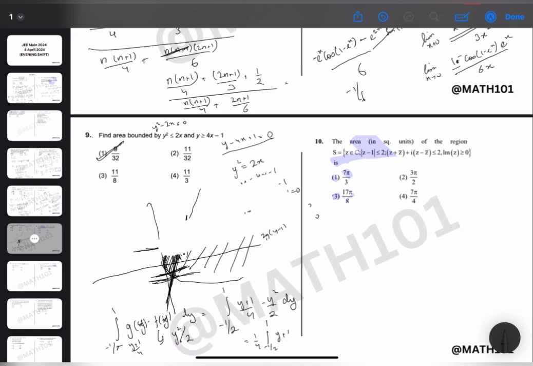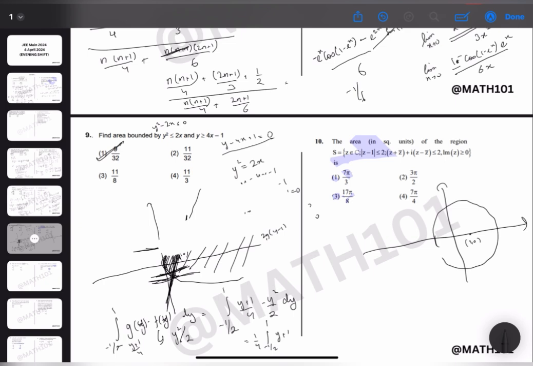The area of this region in complex plane: mod z minus 1 less than equals to 2. So this is 1 comma 0, and this is the circle of radius 2 with center 1 comma 0.